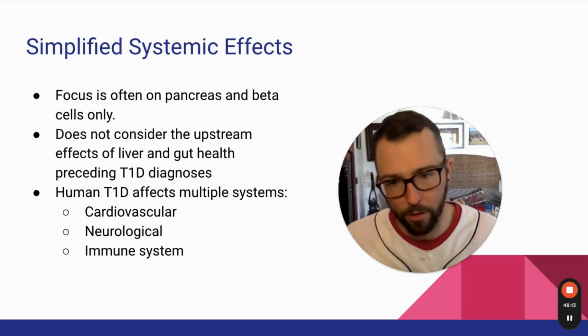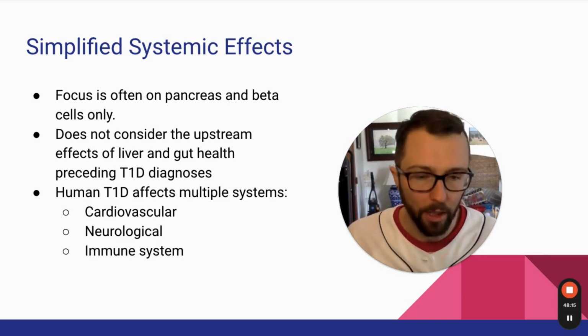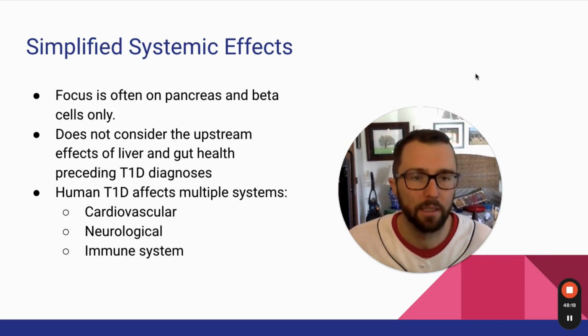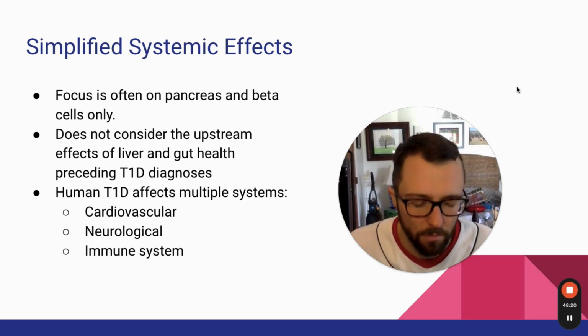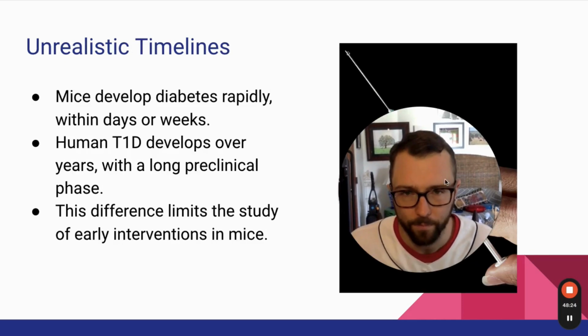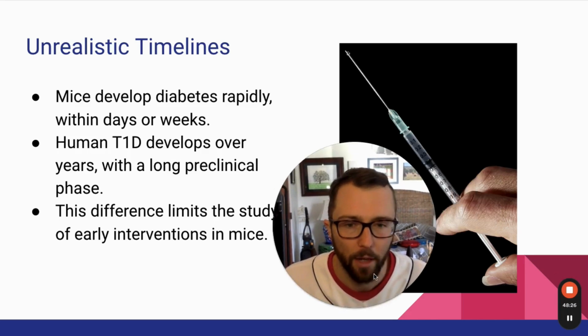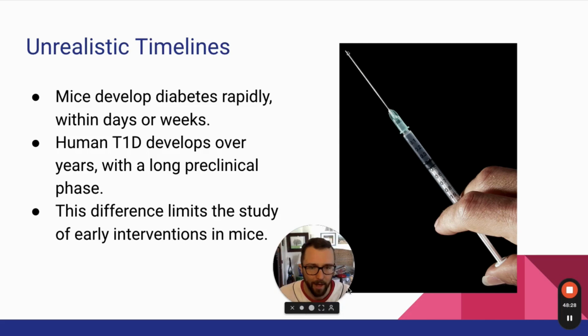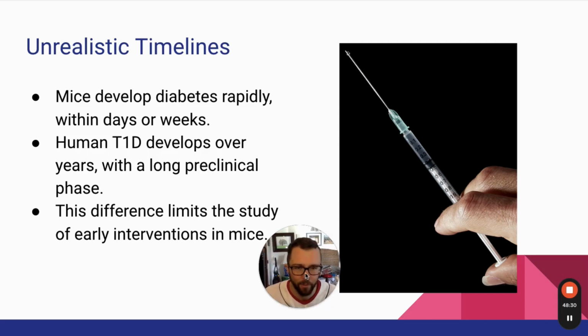And there are neurological components to this. There are immunological systems to think about in that regard as well. And then unrealistic timelines. And I have this syringe here, right? Because it's like alloxan and streptozotocin inject, boom, diabetes. So mice are developing diabetes rapidly within days to weeks.